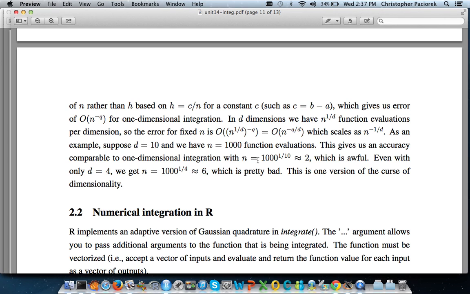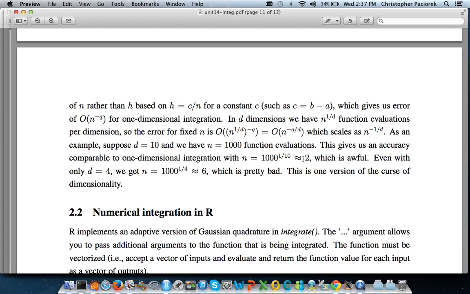If we were working in one dimension, we would have 1,000 to the 1/10 as many evaluations, which is only about 2. So what I'm saying is, if we were to do 2 function evaluations in one dimension, that gives us basically the same accuracy as if we did 1,000 function evaluations in 10 dimensions.